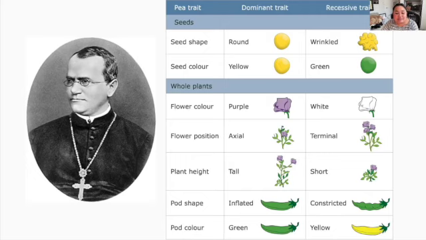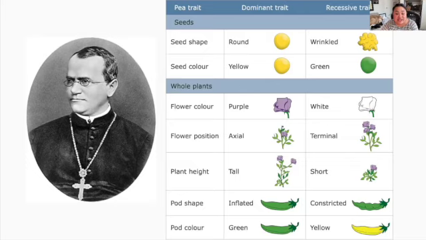For example, for the seed shape trait, there were only 2 alleles, the dominant round allele and the recessive wrinkled allele. For the flower color trait, there were also just 2 alleles, the dominant purple allele and the recessive white allele. But in the real world, many genes have more than 2 alleles in a population.